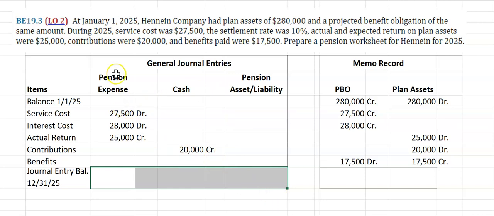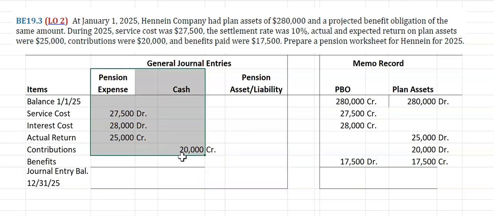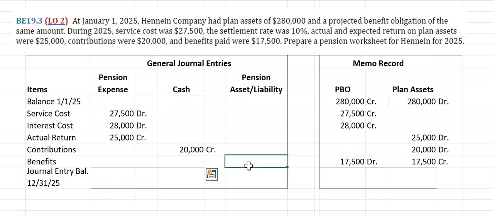And if this journal entry based on the contribution made and pension expense are not balanced, it will result in a pension assets and liabilities. Also, we'll figure out the ending balance for PBO and plan asset, and the difference will also tell us whether the plan is underfunded or overfunded, and this will also tell us the plan pension asset or liability.